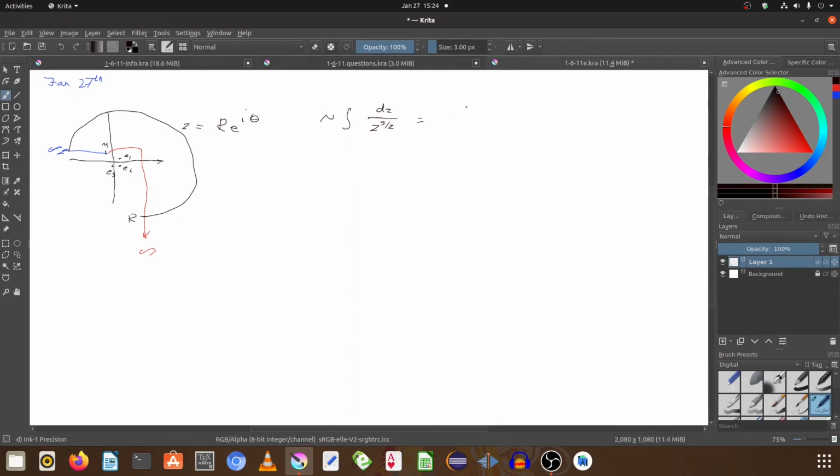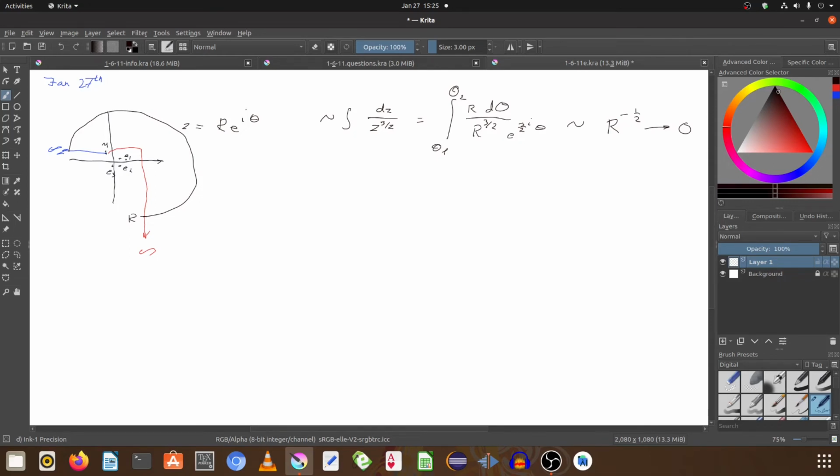So it's r d theta, and it goes as r to the minus half, meaning it tends to naught as r tends to infinity.